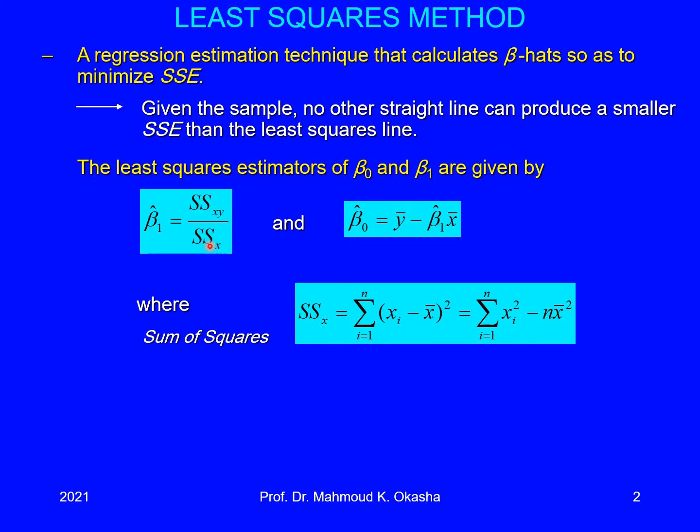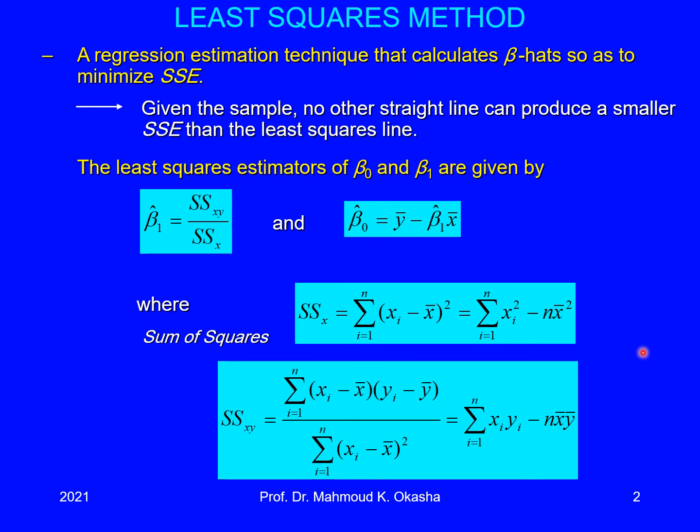This value equals the sum of all squared x's minus n times x bar squared. Then SSXY, which is this value over this value, finally you will find it like that by using mathematics.